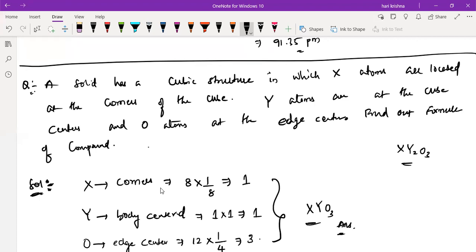So 12 edges will be there, and each one belongs to 1/4 part only. So that is the 3. So that is the formula. Any doubts?